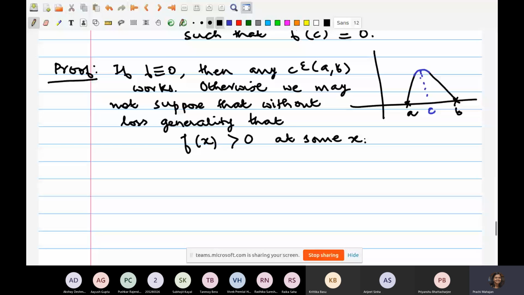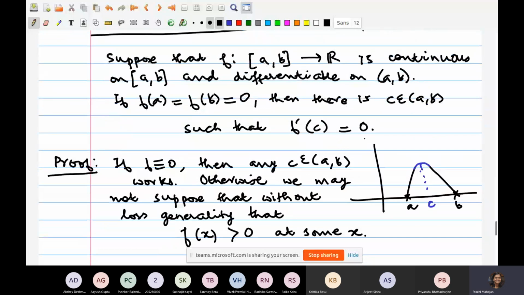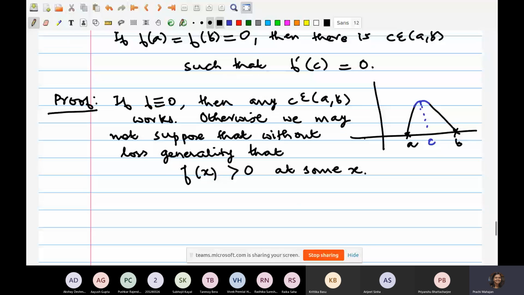Let's see. f is defined and continuous on the closed and bounded interval [a, b]. So I'm going to apply the extreme value theorem here. What does that say? The extreme value theorem says that in this setting, the supremum and the infimum of f are actually realized. I'll write that down here.